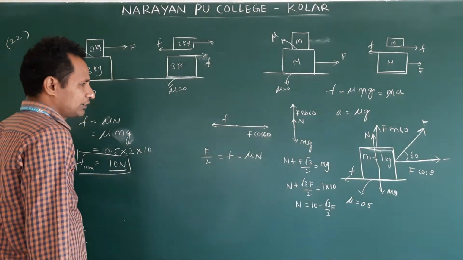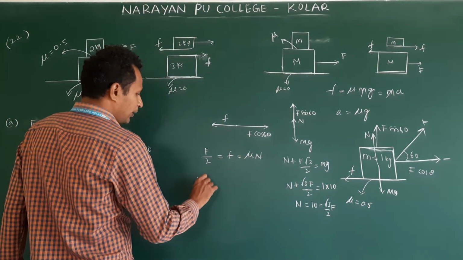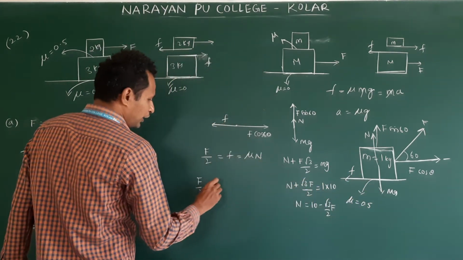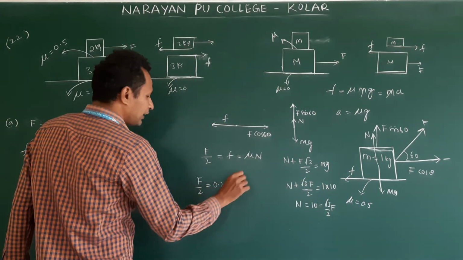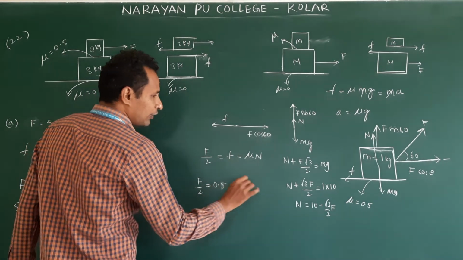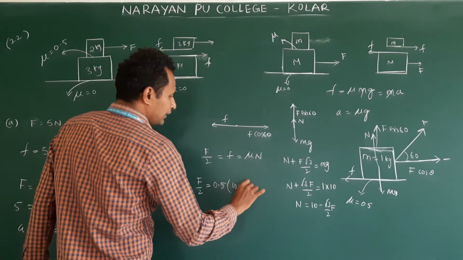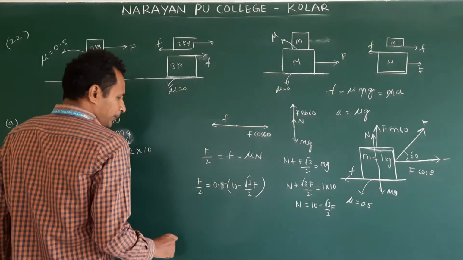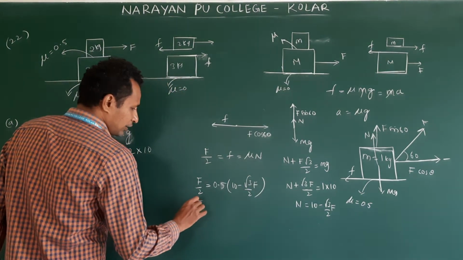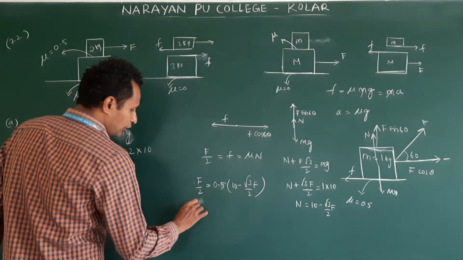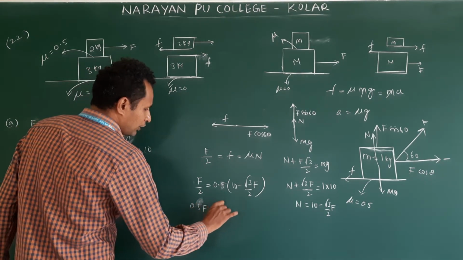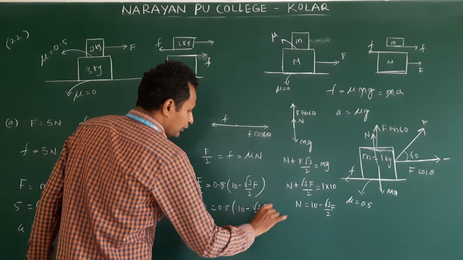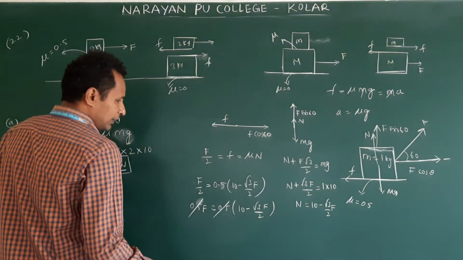Am I correct or not? Now substitute here. F by 2 is equal to mu times N. What is the mu value? 0.5. What is N? 10 minus root 3 by 2 F. So F by 2, or we can write 1 by 2, is 0.5 into 10 minus root 3 F by 2. 0.5 and 0.5 cancel.